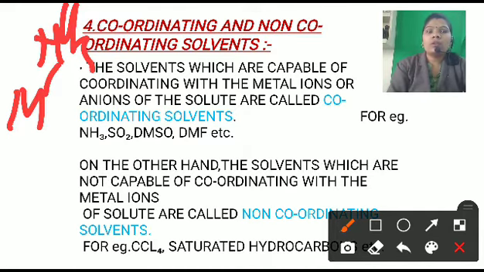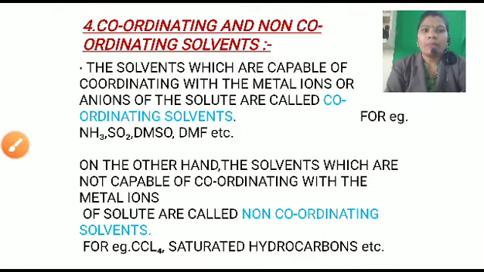The solute is the metal, which is coordinated with the ligand, or coordinated with the solvent which acts as a ligand; that is called a coordinating solvent. Non-coordinating means these are not capable of coordinating with the metal ion. Examples are CCl4 and saturated hydrocarbons.